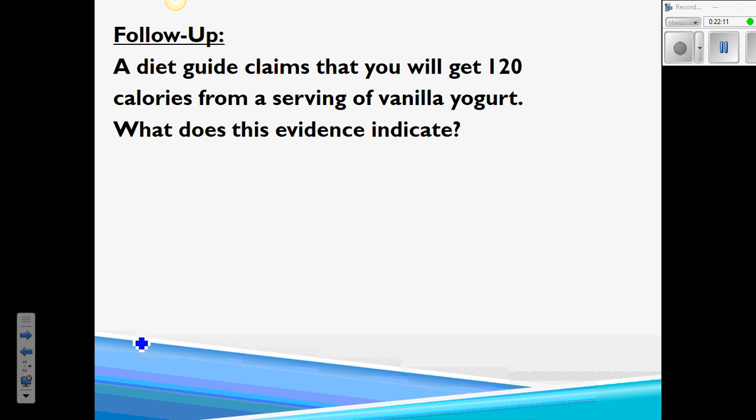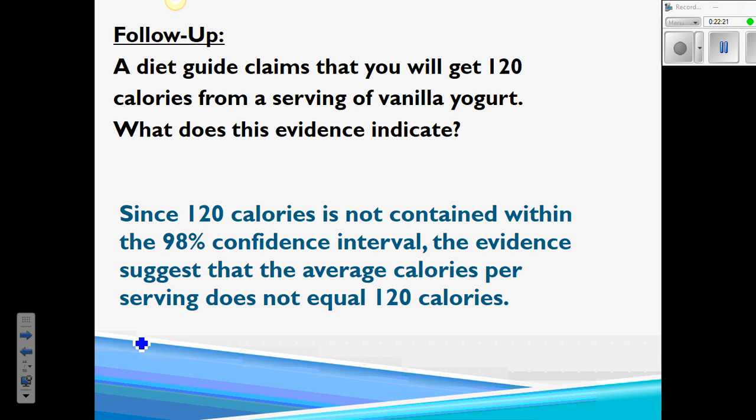That's false. Why? Because 120 is outside and is lower than what our interval states. So 120 calories is not contained within our 98% confidence interval. The evidence suggests that the average calories per serving does not equal 120.